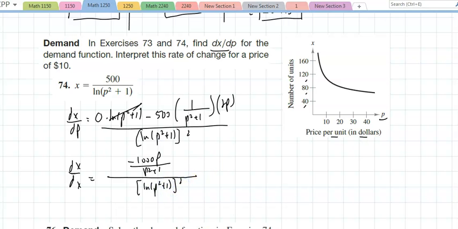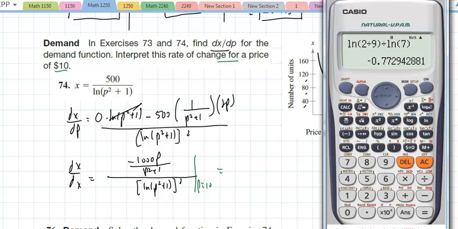Now, since they told us to interpret the rate of change for a price of $10, at a price of $10, I could just plug this in my calculator and figure out what this number is. I could write it exactly as I see it.